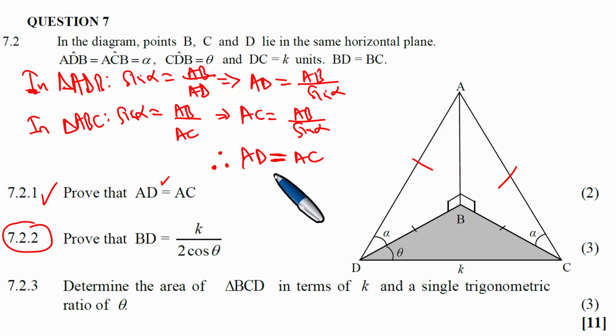AD is equal to AC. They're equal line segments, but they're not parallel. All right, good. I was wondering about the parallel lines. So please try 7.2.2.